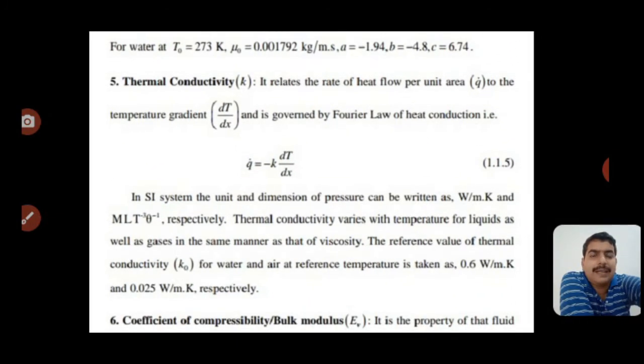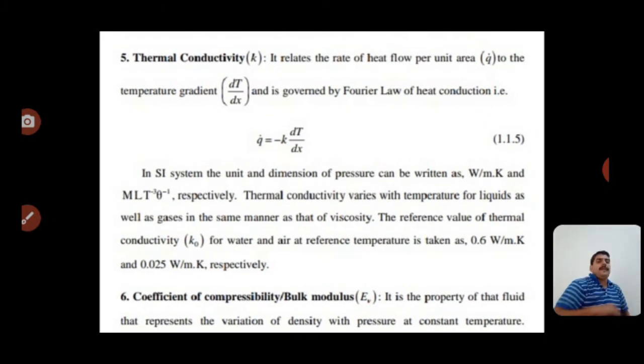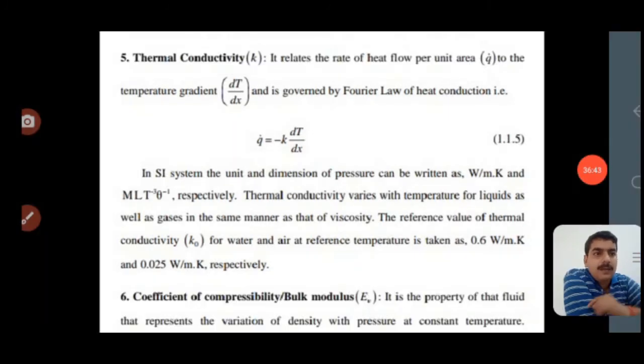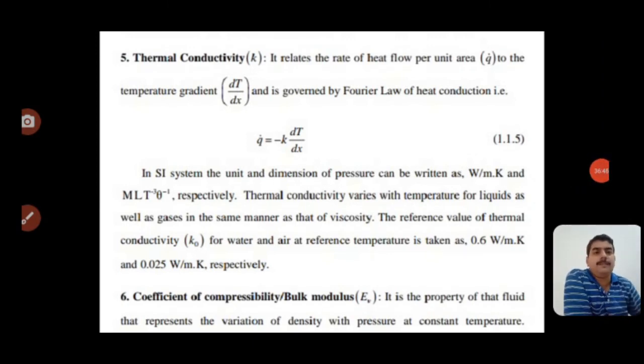Now the next property of fluid is thermal conductivity. Thermal conductivity is denoted by small k. It relates the rate of heat flow per unit area, Q dot, where the dot on top of Q denotes the first derivative with respect to time, to the temperature gradient.